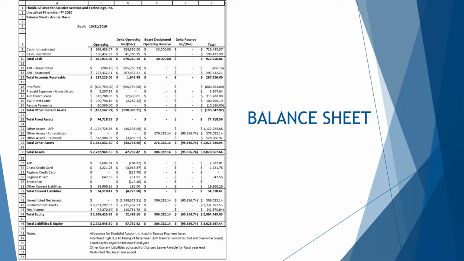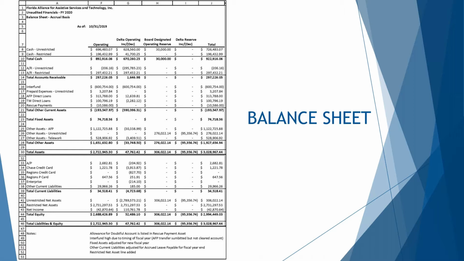So again, comparing the current month to the month before, and if it's an increase or a decrease. The far right column is the total column. This looks at everything to the left totaled up. This is a formula in the spreadsheet, so it should always automatically total, but if there's any sort of discrepancies that we ever catch, please let me know, because this is a living, breathing document that can be updated as needed.